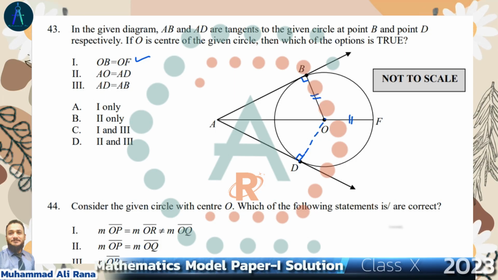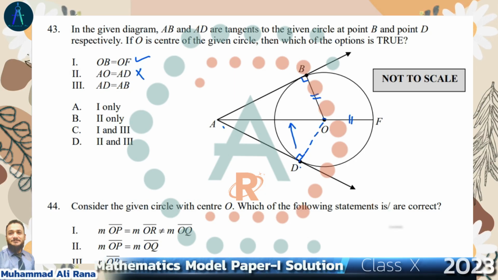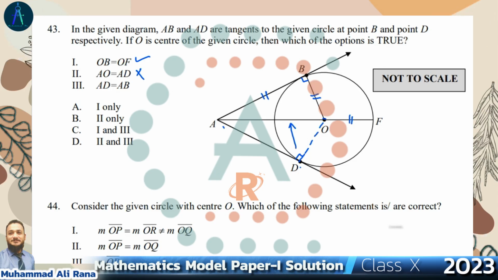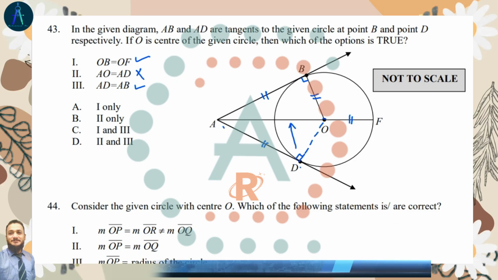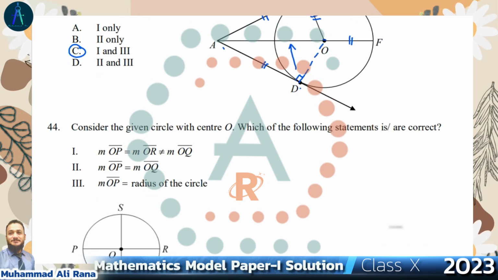AO equals AD is wrong because, opposite to 90 degrees, AO is the largest, so it will not be equal to AD. AD equals AB. AD and AB are two tangents, and two tangents from a point are always equal. So 1 and 3 are correct. Option C will be the right answer.